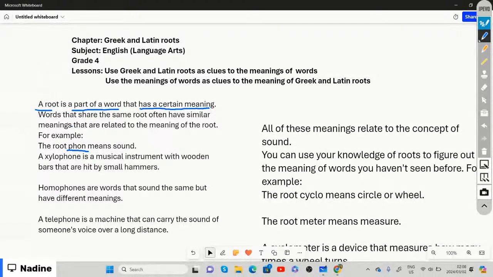A xylophone is a wooden instrument with bars that you hit, and that creates sound. When you hit the wooden bars, it creates different sounds. So that is what it means: it creates sound, or it has something to do with sound.